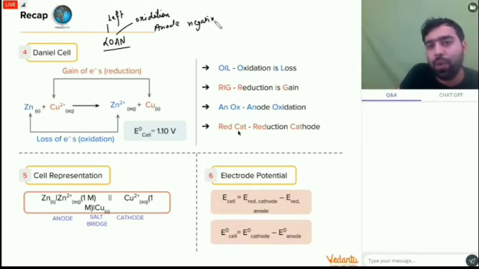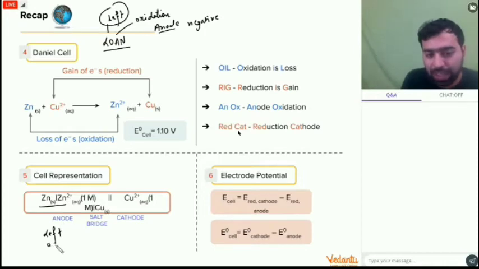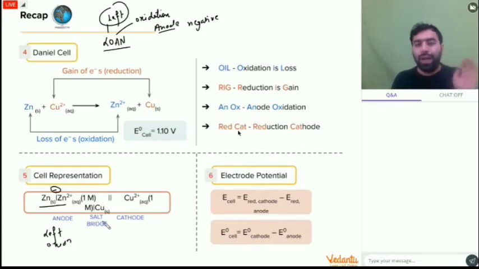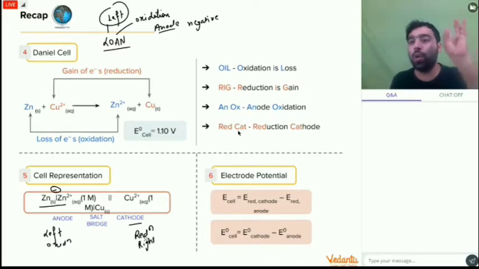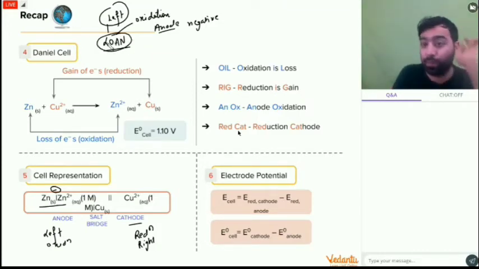So zinc is your anode, it is on the left hand side. Oxidation occurs at zinc and the terminal is negative. Vice versa, the cathode is on the right hand side, and reduction occurs at the cathode. So remember this word LOAN, very important, very helpful.